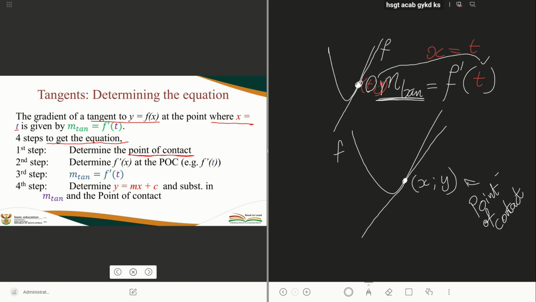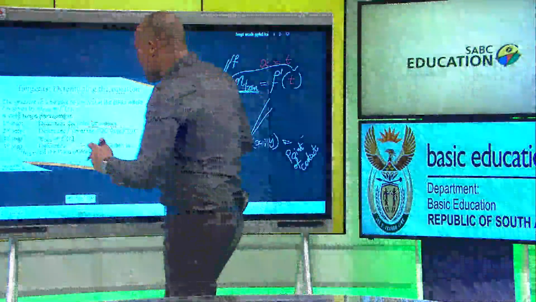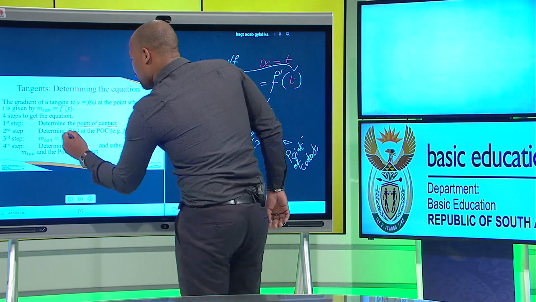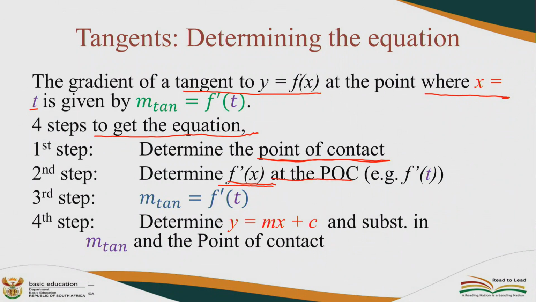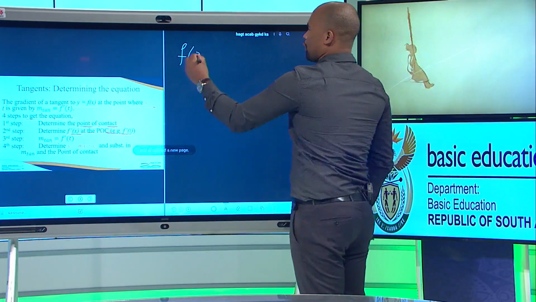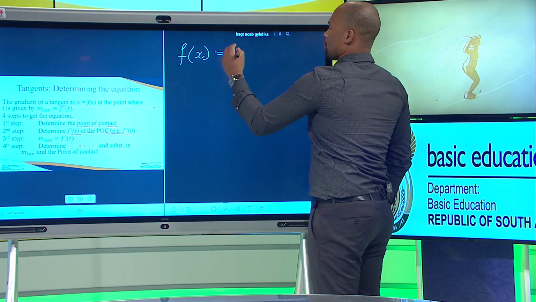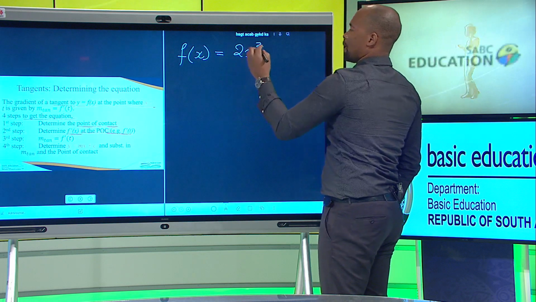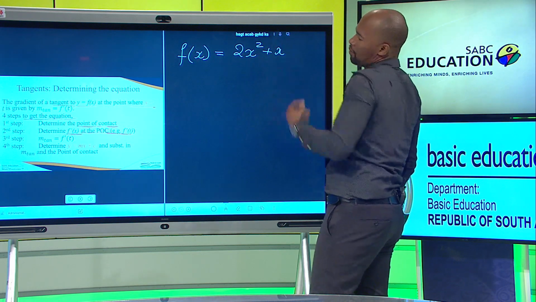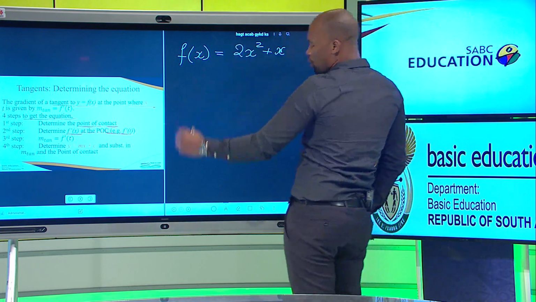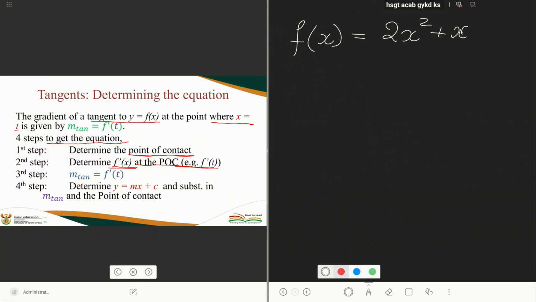Step 2, let's get the first derivative at that point of contact. For example, if x was given as t, and f of x is equal to maybe 2x squared plus x, let's first get the first derivative.